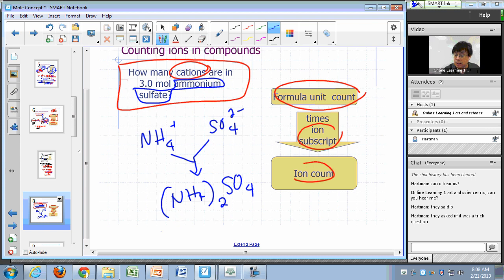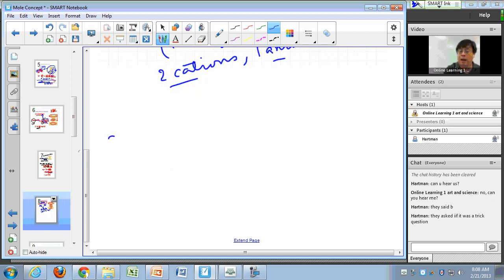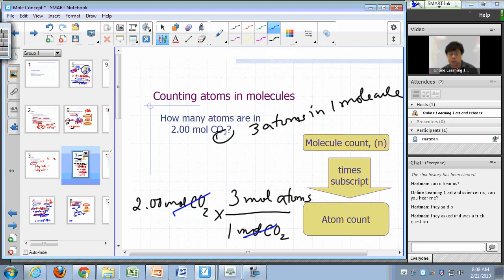One formula unit has 2 cations, 2 ammonium ions, and 1 anion. Okay, so 1 mole of this ammonium sulfate is going to have 2 moles of ammonium ions and 1 mole of sulfate ions. So to solve this problem, you say, I have 3.0, was it 3.00? Oops, what did I just do?